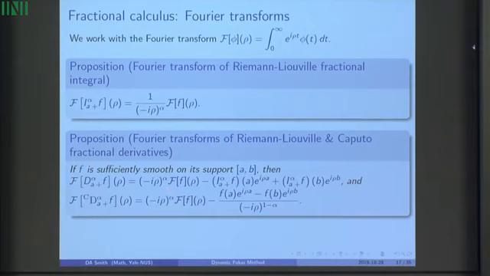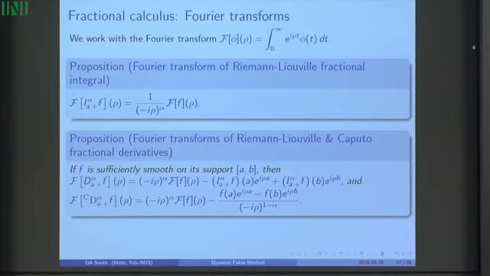But bear in mind that we're thinking of our functions as defined only in our time interval from 0 to final time capital T. So that's a is 0 and b is capital T. I should have done that. And that means that you're going to end up with boundary terms from your Fourier transform, of course. And those boundary terms differ depending on whether you're looking at Riemann-Liouville or Caputo.